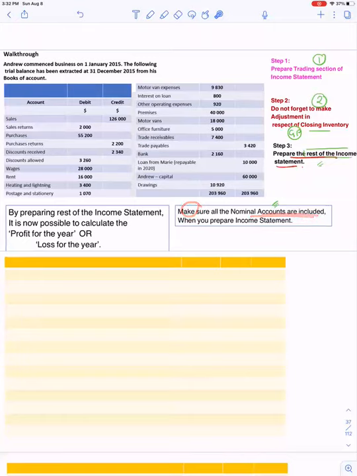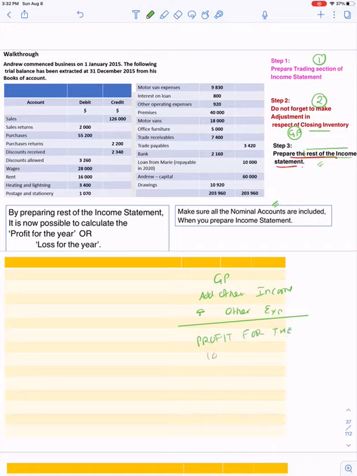When you prepare the rest of the income statement, you will add the other income to the gross profit. You would subtract the other expenses from the gross profit. And it will then be possible for you to prepare the profit for the year or the loss for the year.